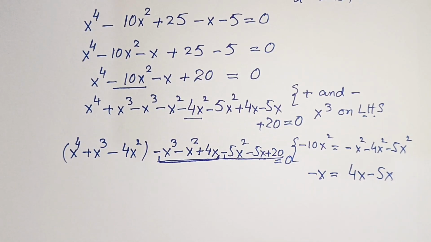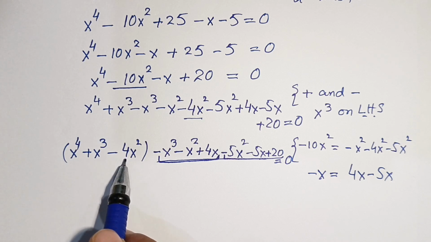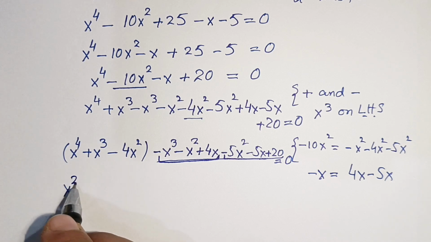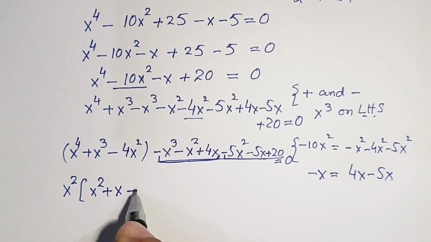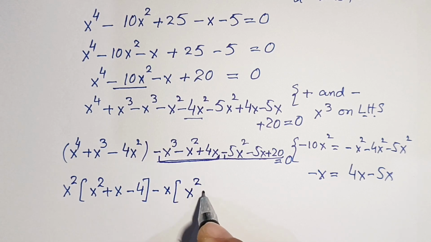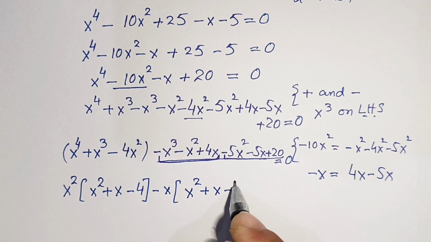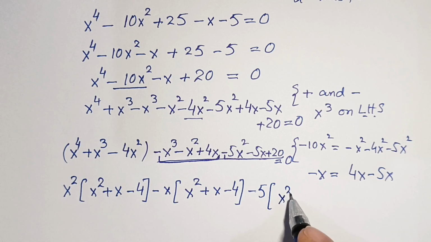Now we see that in x to the power 4 plus x cubed minus 4x squared, if we take x squared as common, we have x squared times x squared plus x minus 4. Similarly here if we take minus x as common, we have x squared plus x minus 4. And similarly here, if we take minus 5 as common, we have x squared plus x minus 4.